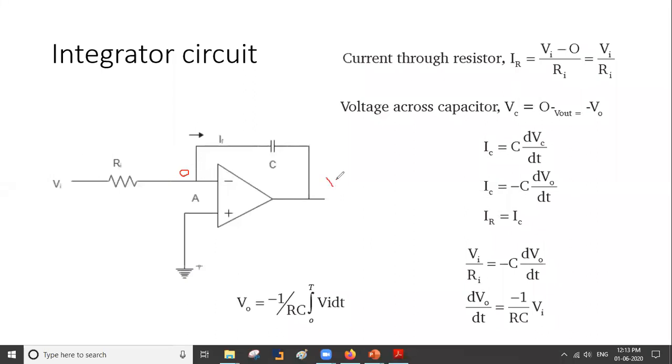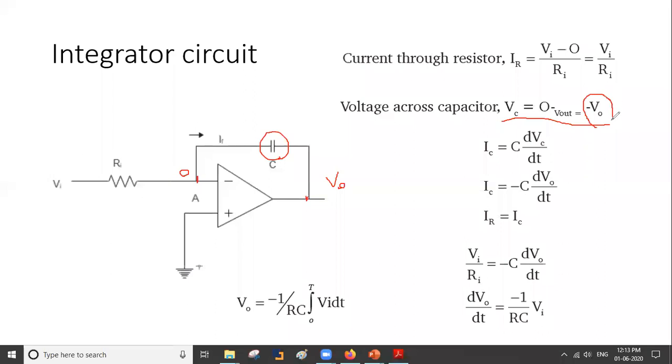Here it is the output voltage V0. The amplified output comes through this op-amp circuit. So what will be the voltage across the capacitor? The voltage across the capacitor is the potential at this point minus the potential at this point. So 0 minus V0; your voltage across the capacitor is minus V0.